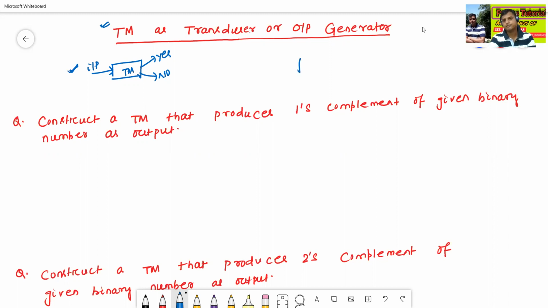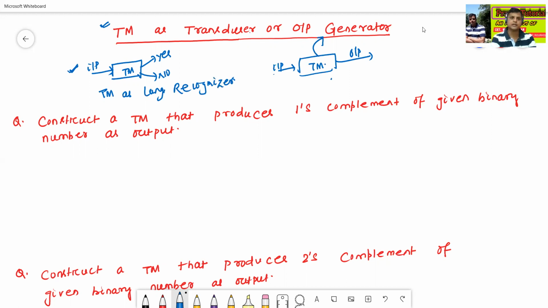That means, let this be the Turing machine. When we pass the input, this Turing machine will produce the output value. This is called the Turing machine as a transducer, or Turing machine as output generator. But this one is called the Turing machine as language recognizer.